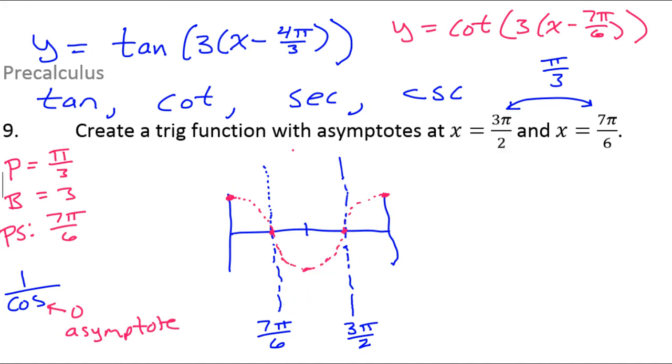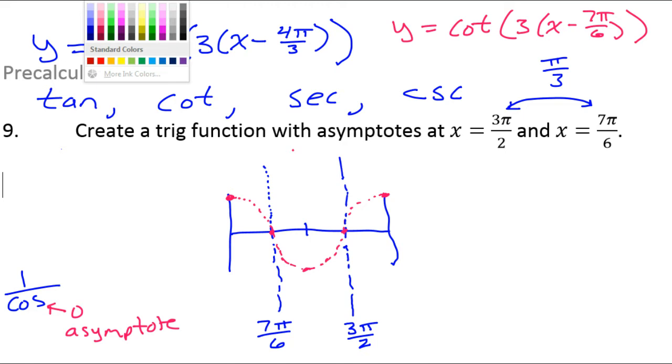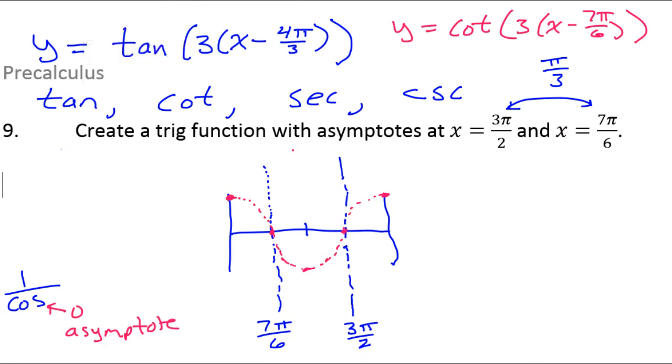Here's the thing though. For this function, I never really actually sketched the cosecant, so I feel like I should do something. For the cosecant function, we would go like this, and we'd come here and go like this. Did I say cosecant?